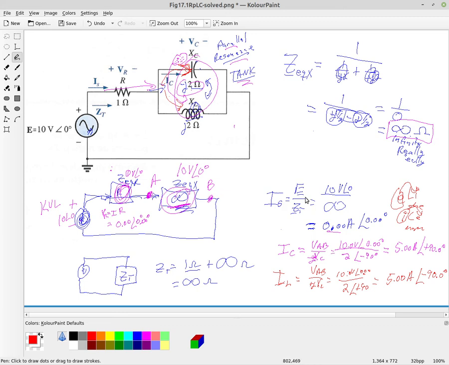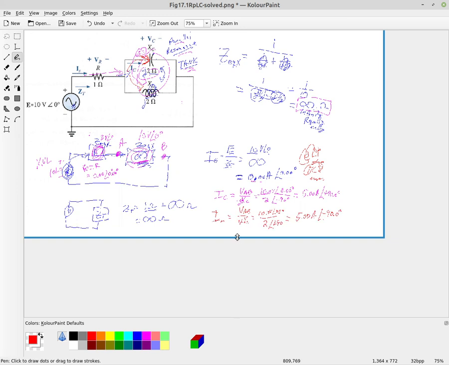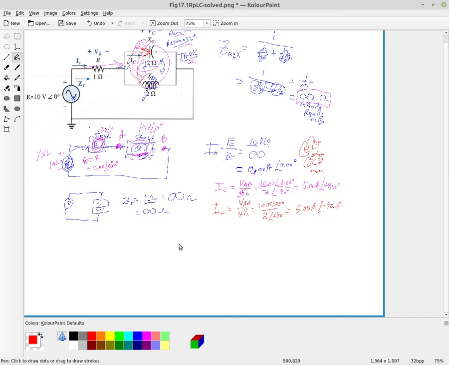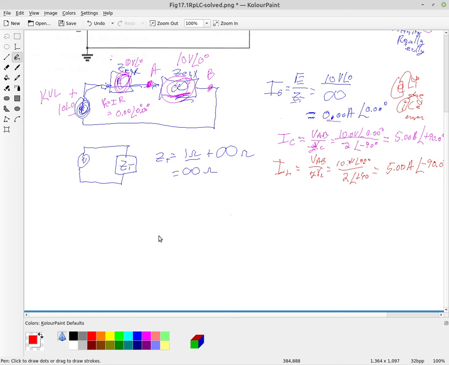So let's look one more time at Kirchhoff's current law. Okay, so Kirchhoff's current law says, okay, well, I got 0 amps coming in here. But we have our capacitor current, IC, and we have our inductor current, IL. And I'm telling you that those are not 0.